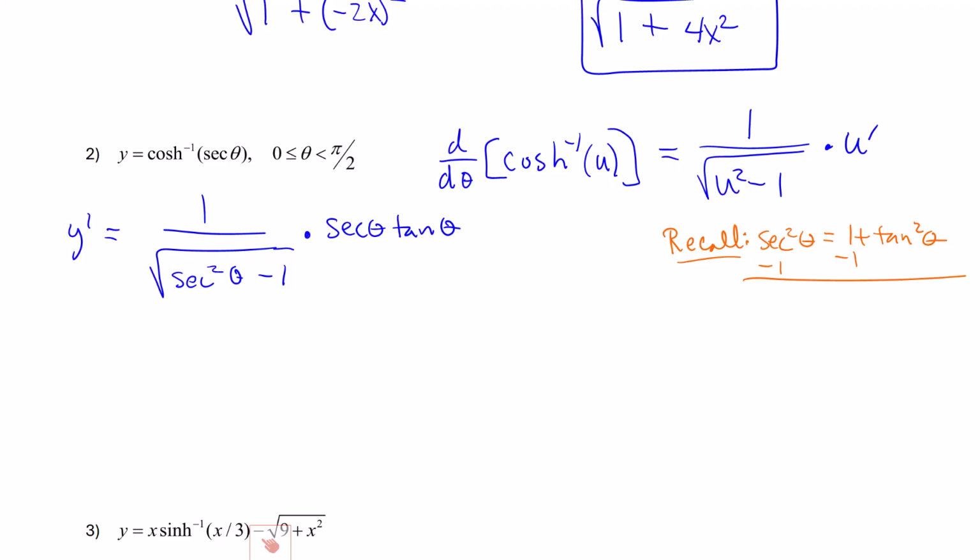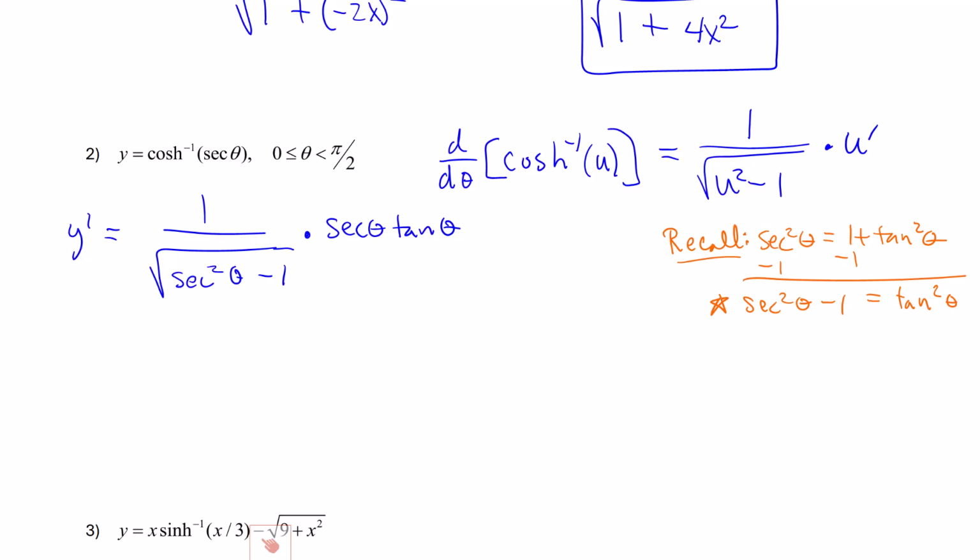If you subtract 1 from both sides, what we end up with is basically secant squared theta minus 1 equals tangent squared theta. Now, why does that matter? Well, because secant squared theta minus 1 is exactly what we have underneath our square root. So there's a bit of simplification we can do here, helped by remembering that trig identity.